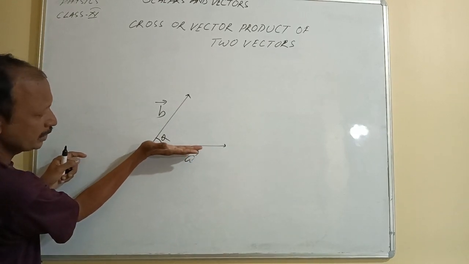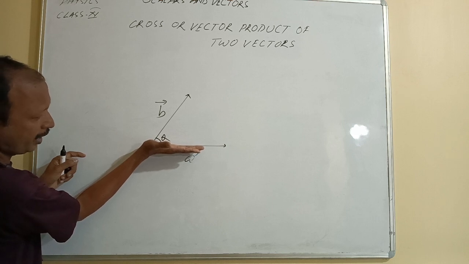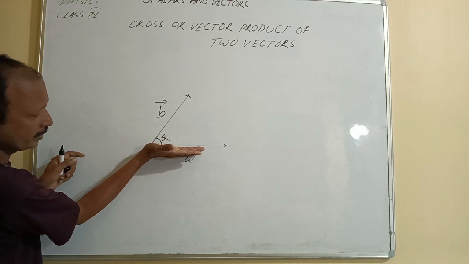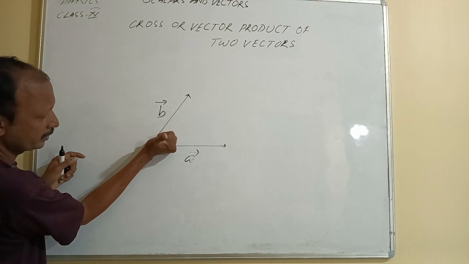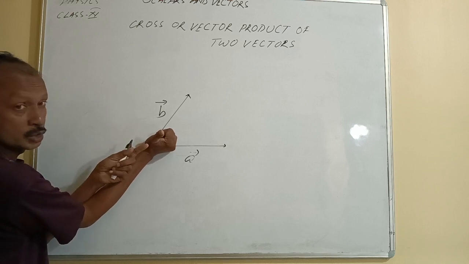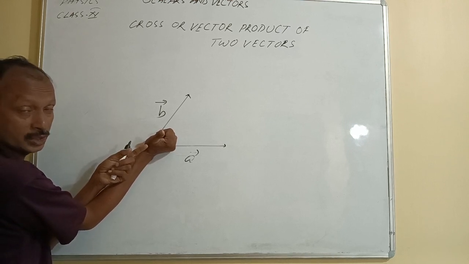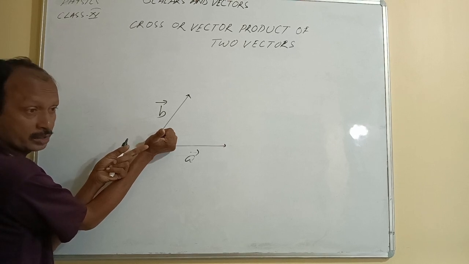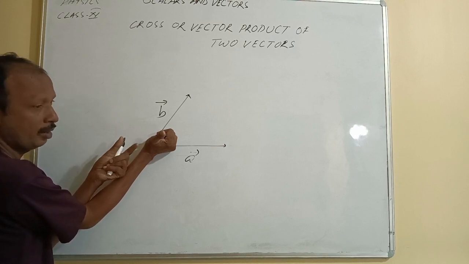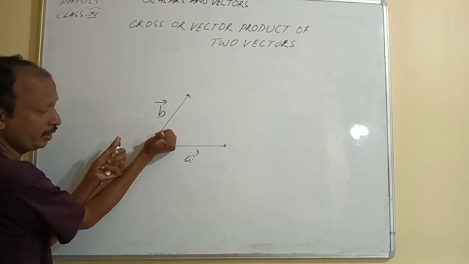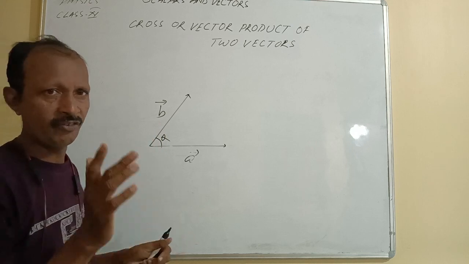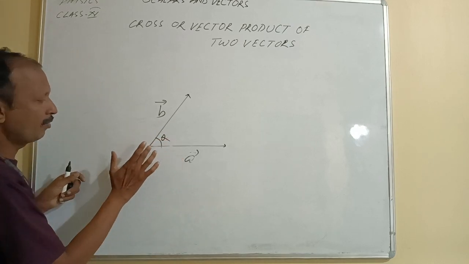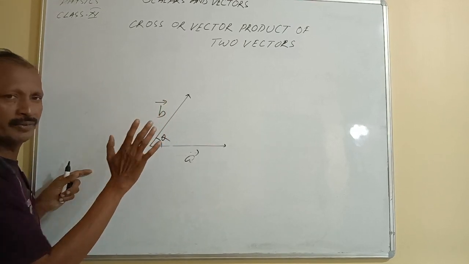So you place your stretched palm in this way and you turn it. This is the first vector, this is the second vector I am considering. See that? I am turning it. So my thumb shows the direction of the product vector A cross B, or you can say resultant vector, which is exactly perpendicular to the plane formed by the vector A and the vector B.